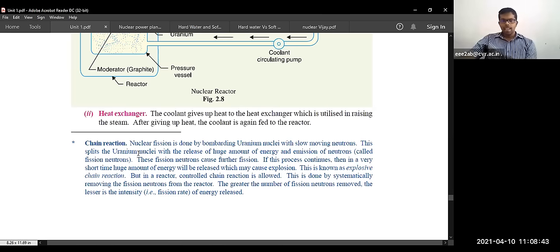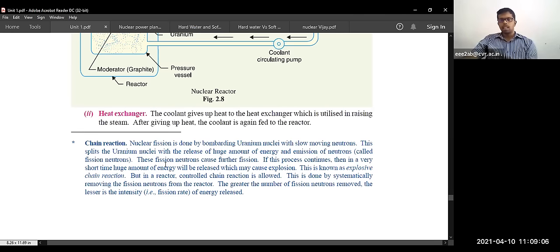So what is the chain reaction? Nuclear fission is done by bombarding uranium nuclei with slow moving neutrons. This splits the uranium nuclei with the release of a huge amount of energy and the emission of neutrons, which are called fission neutrons. These fission neutrons cause further fission.